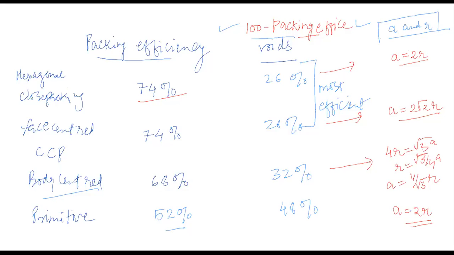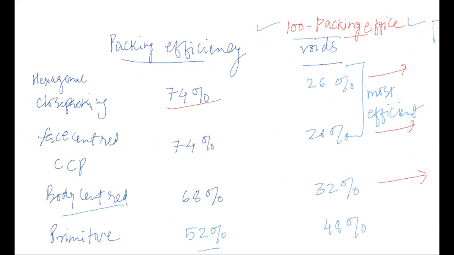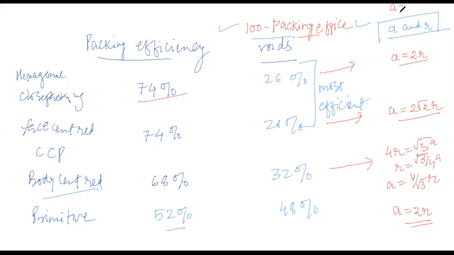Now, A is equal to the side of the cubic close packing, and R is equal to the radius of the sphere or radius of the particle.